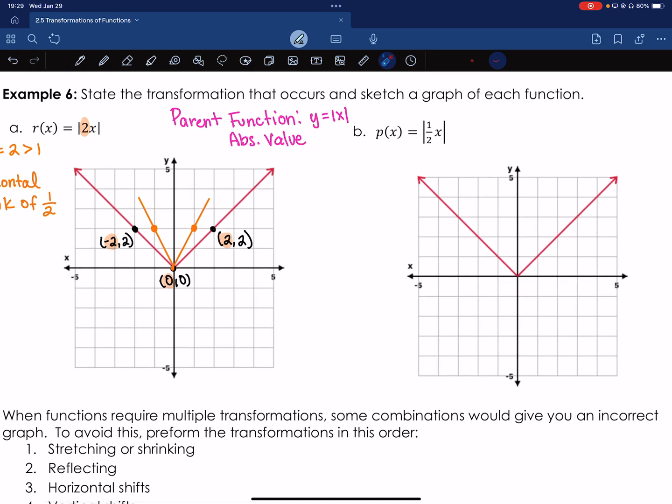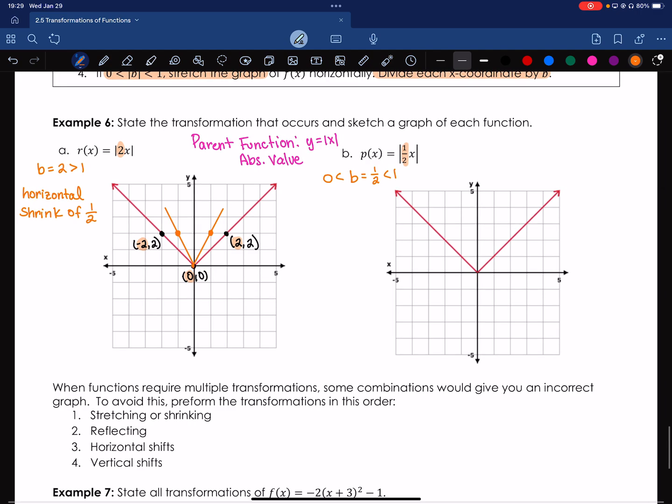On this one right here, the next one right here, we have the 1/2. Okay. So my B value is equal to a 1/2. 1/2 falls between 0 and 1.